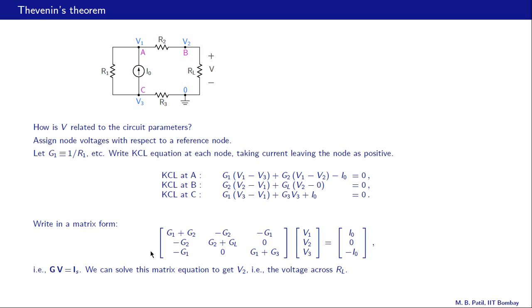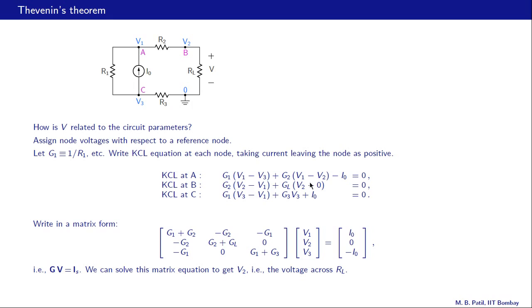Let us look at one of these equations, let's say the first one. This first equation comes from KCL at node A, and let us verify that. What is the coefficient of V1 in this equation? It is G1 plus G2, so that goes over there. That is going to multiply V1. What about V2?